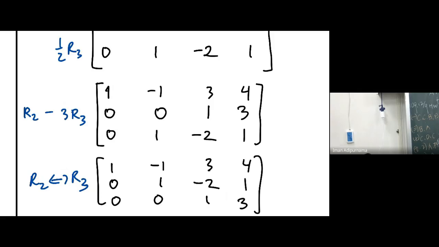Or if you have all 0 here, then infinite solution. Same concept. But if you get 0, 0, and a number, then exactly you have solutions. The z is 3, and then this y, you get the x.